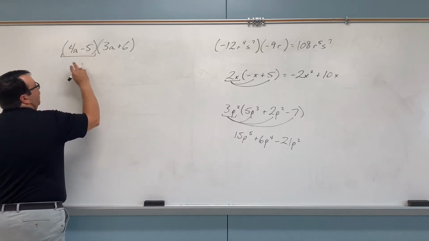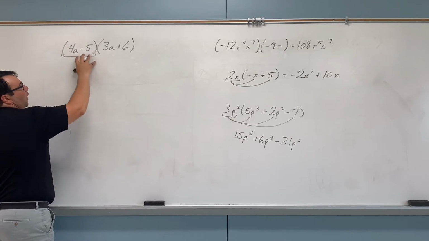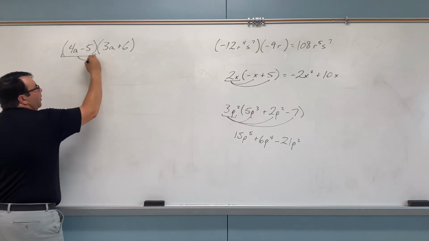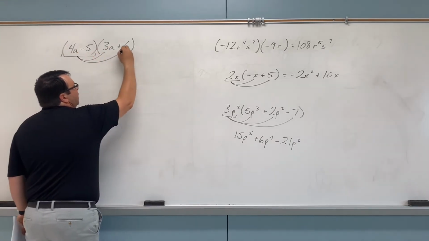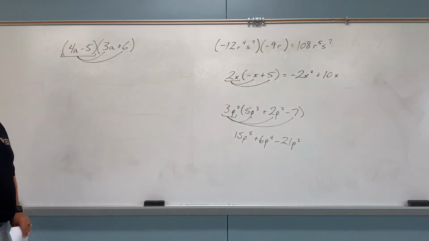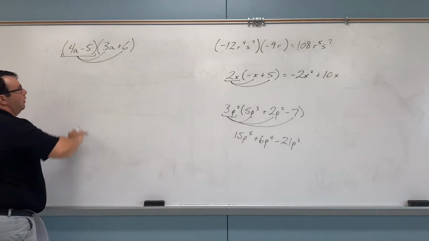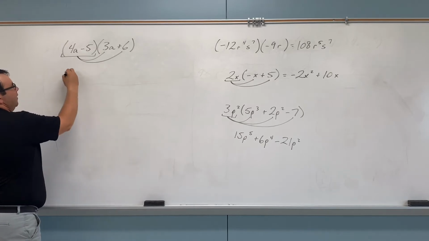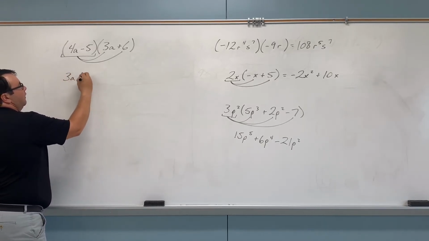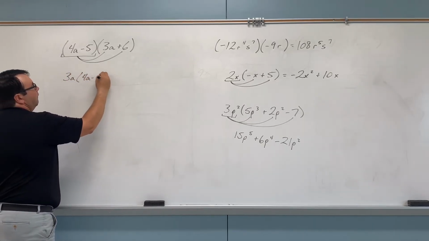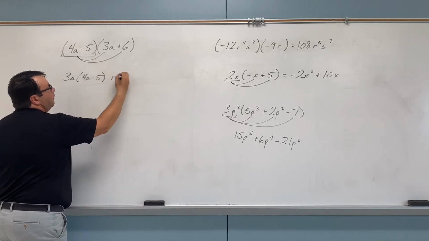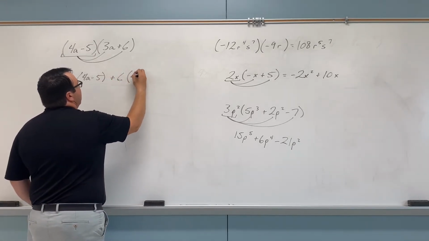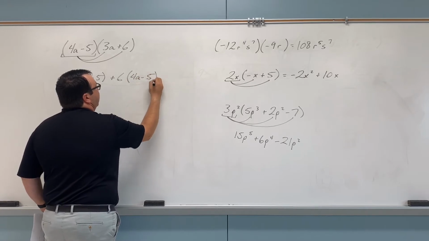The distribution method, I take this whole quantity term and I distribute it to each of my values within the other quantity, within the other polynomial. That means I would have 3a times 4a minus 5 plus 6 times 4a minus 5.